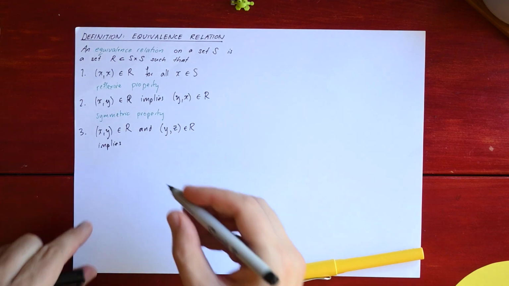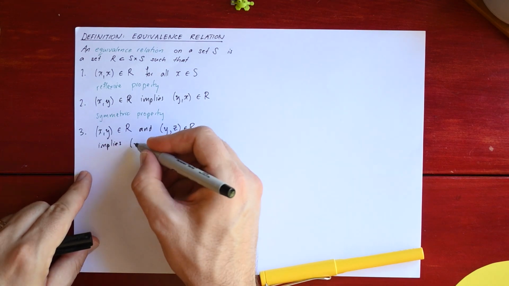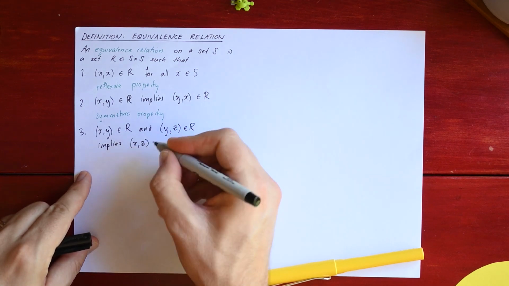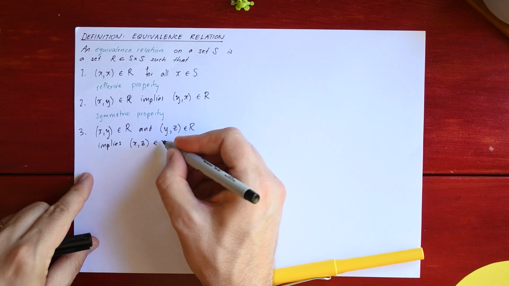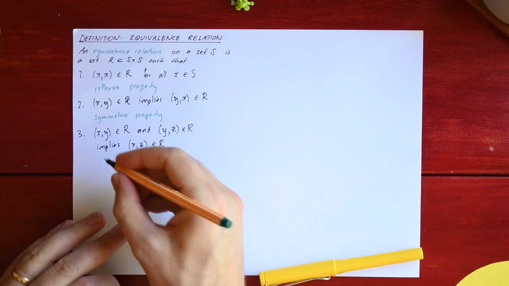So that implies if x is equivalent to y and y is equivalent to z, that means that x must be equivalent to z also. And this is called the transitive property.